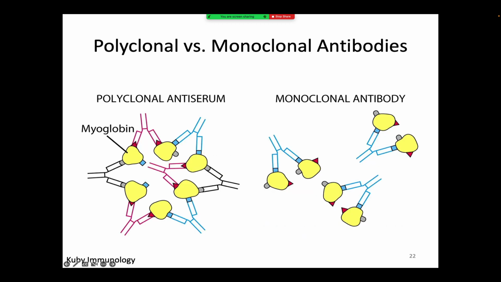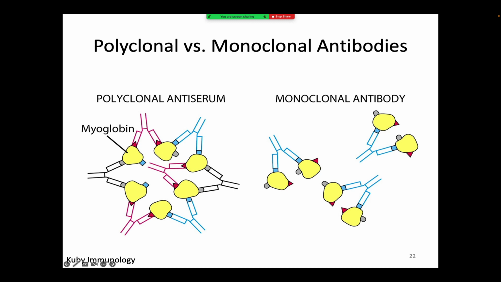You can see a polyclonal response on the left here. What that means is that if I immunize you with a particular antigen, here myoglobin, you're going to make many different antibodies against different epitopes.